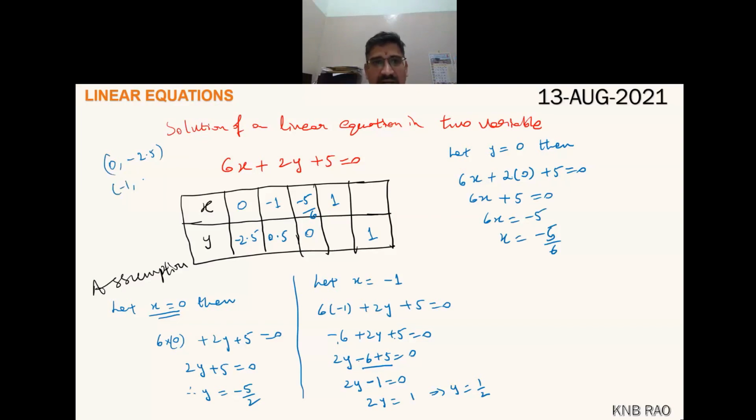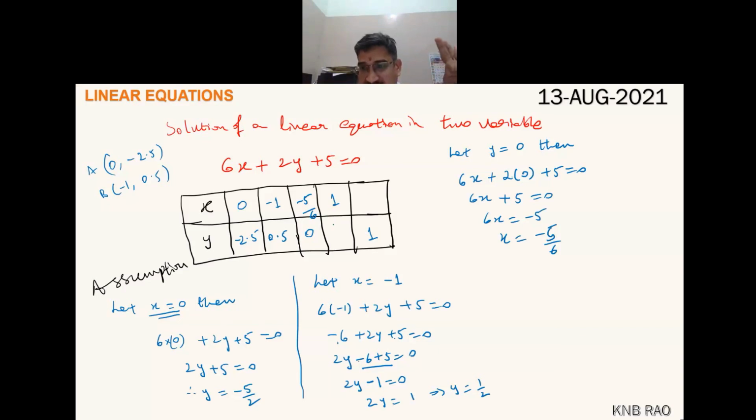These coordinate points, you know how to represent on a Cartesian plane. You are going to represent those and join them, you will get a straight line. That is the graphical solution of a linear equation in two variables. It is very easy since you learned very well in class 8 coordinate geometry and are interlinking this.